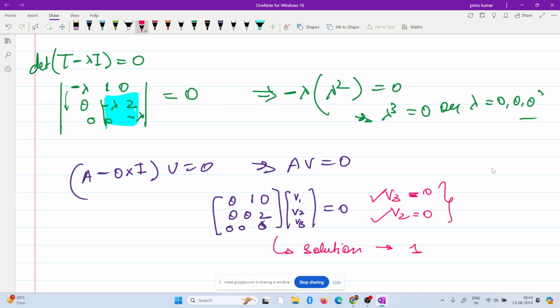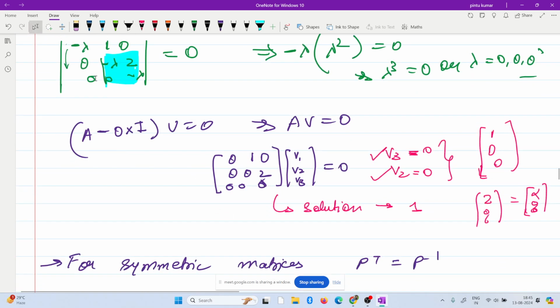So you can choose v1 freely, so let's say 1, 0, 0. This is an eigenvector. Any other eigenvector will again be of this form only. It can be 2, 0, 0, or some alpha times 1, 0, 0, because v2 and v3 are fixed. So we will have only one linearly independent eigenvector.